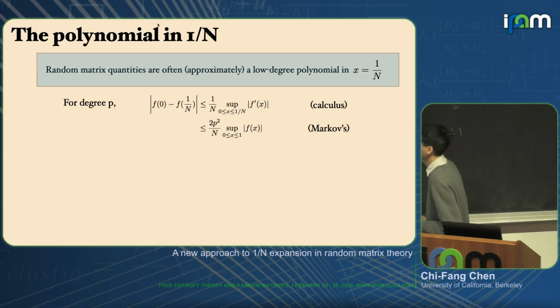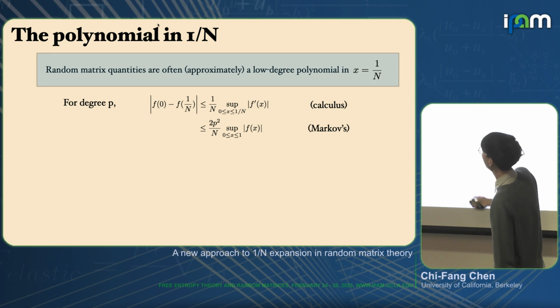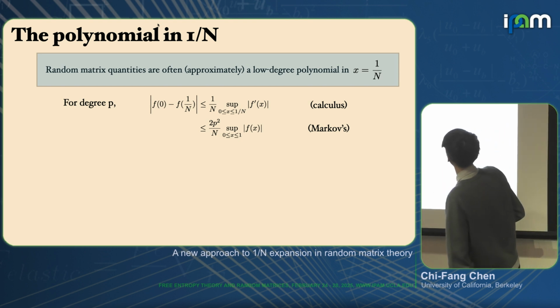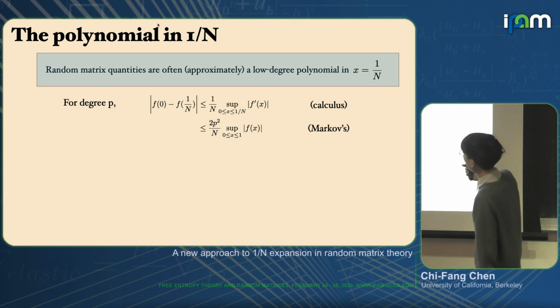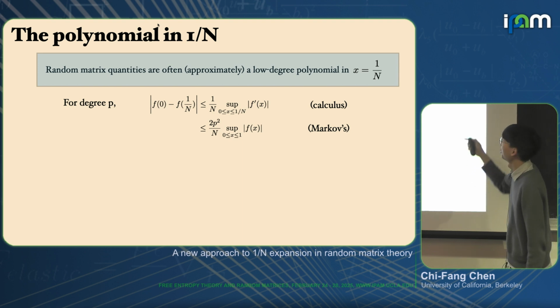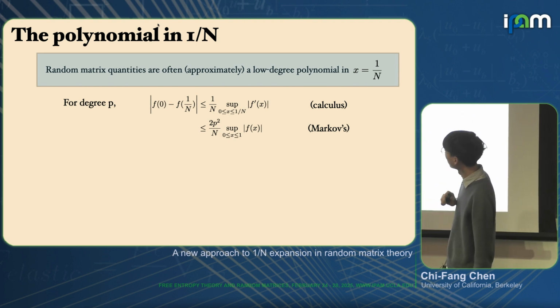Okay, so let's try to plug this into our random matrix analysis. The observation is that quite often random matrix quantities are low degree, or if not exactly low degree, often approximately low degree. Let's try to plug in the Markov inequality with this suggestive variable, x equal to 1 over n.